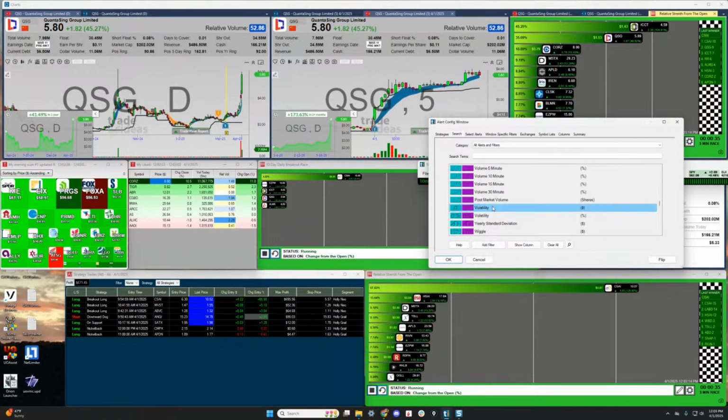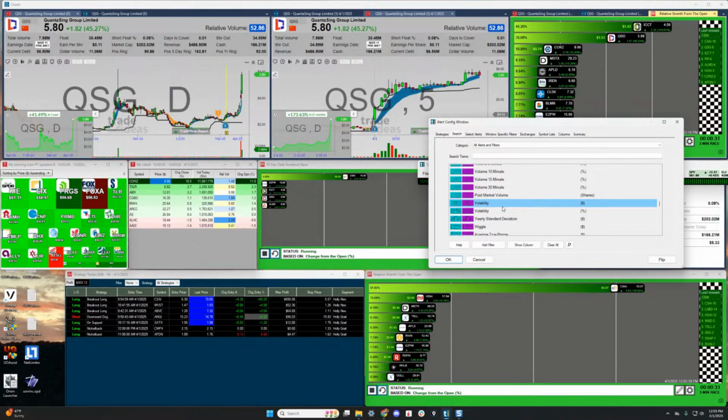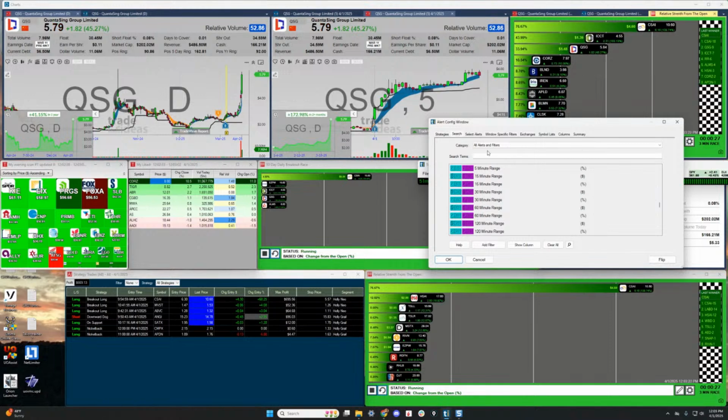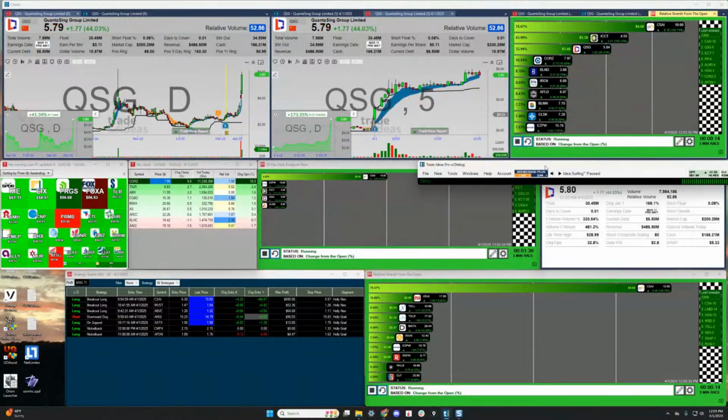You need to have a baseline for volatility. These aren't going to help you because any stock can do any of these things in the range and so on and so forth. That would really be it as far as the IPO scene goes.